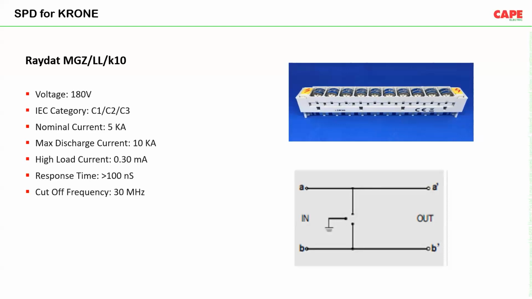The picture shown is for a 10 pair Krone. That means 10 lines of Krone can be protected with this particular product, and each line will have 10 kiloampere of maximum discharge rating and 0.3 milliampere of load current. Again, the cutoff frequency is also very high, up to 30 megahertz. Response time is 100 nanoseconds for this particular product.